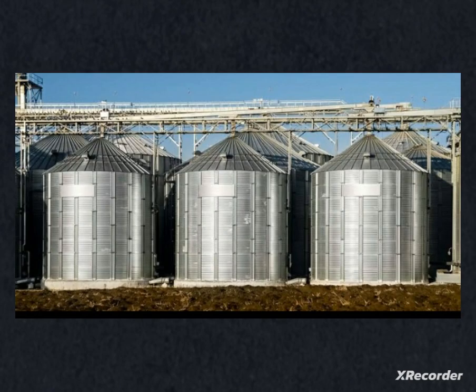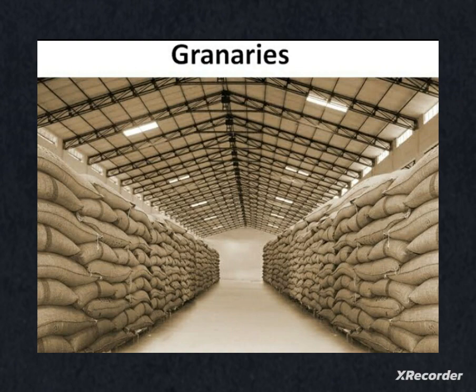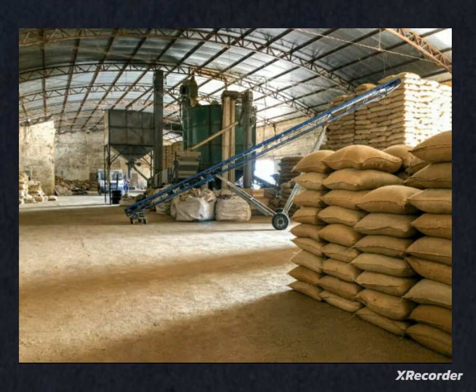On a small scale and medium scale, farmers store the crops in metal containers or jute bags. On a large scale, granaries are preferred. Storing in closed containers prevents moisture from re-entering and protects against rodents and insects. So this was about storing.